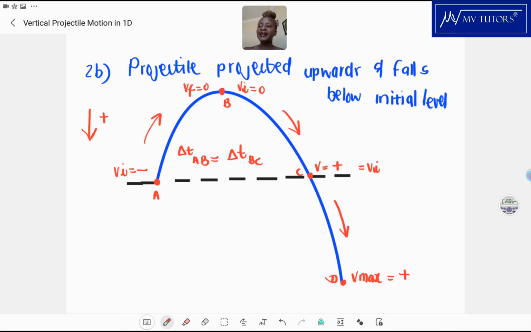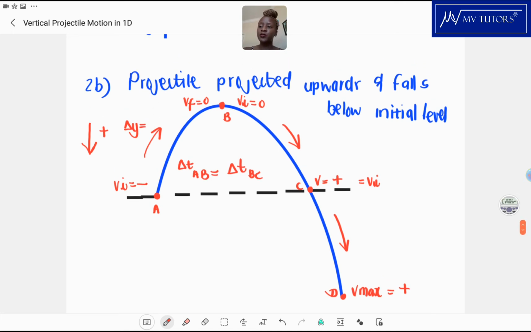Okay, and again, the displacement, because we took downwards as positive, this side will be negative, and the displacement this side, that will be positive. So the displacement there will be a positive value, and that is what happens there. All right, if you want to take upwards as positive, basically all these values will be negative.